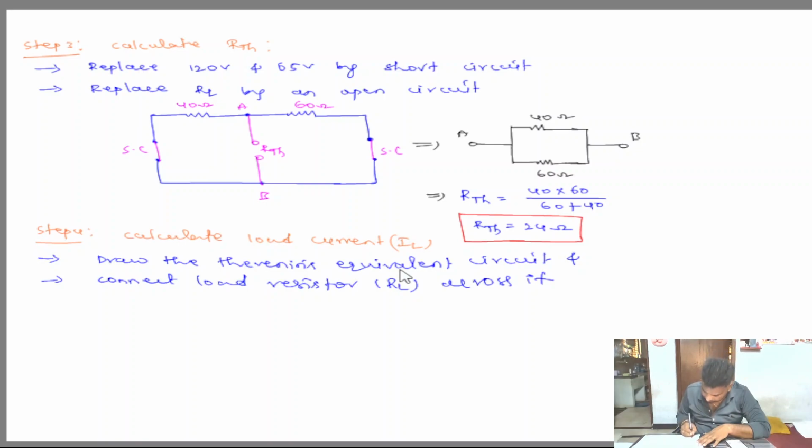Yeah. First draw the Thevenin's equivalent circuit. Resistance and voltage are in series. This is RTH, plus minus, this is VTH, A and B terminals. And for this equivalent circuit we need to connect the load resistance.